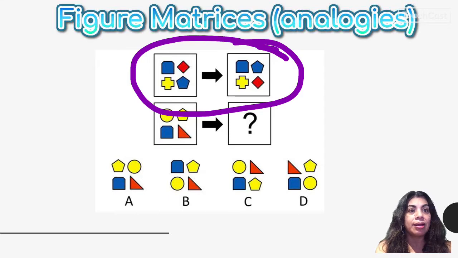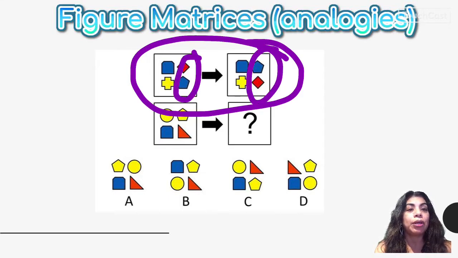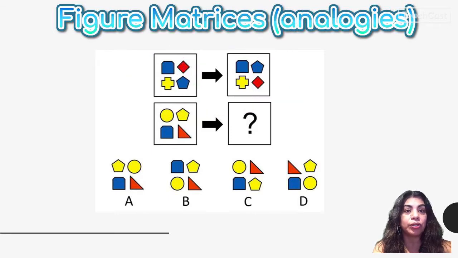flipped them. So I'm looking at this little section right here. If I flip those, then the red rhombus goes to the bottom and the pentagon goes to the top. So now I'll look at this over here, and if I were to follow the same thing, that means that I need then to move the red triangle above, and so I'm going to clear my board so you can see.